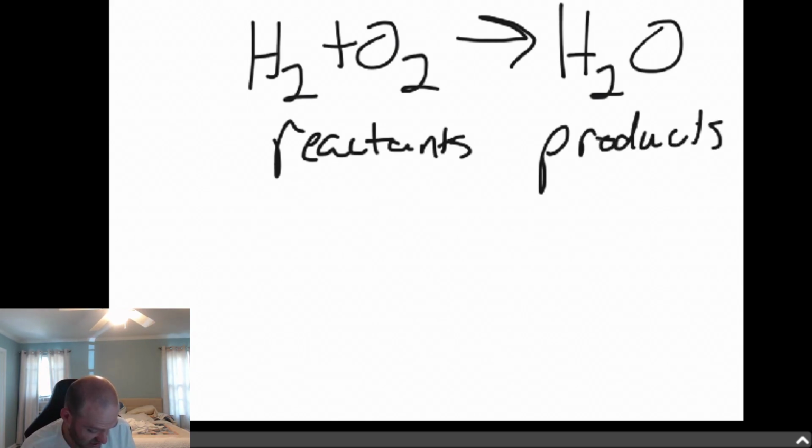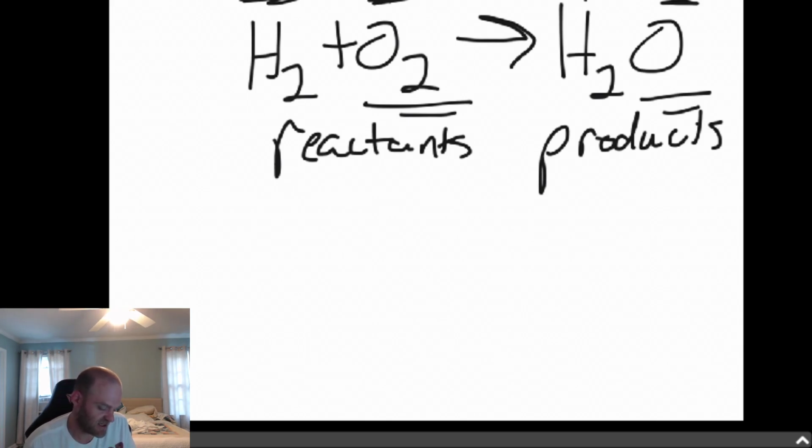Now, this equation is not balanced, and I'll show you why. Over here I have 2 oxygens, and over here I only have 1. That's not how we do chemical equations. I need to figure out a way to make both sides have an equal number of atoms. I need the same number of hydrogens on this side as on this side, and the same number of oxygens on this side as on this side.